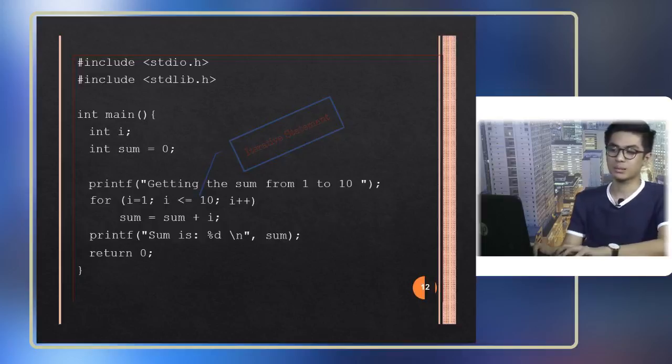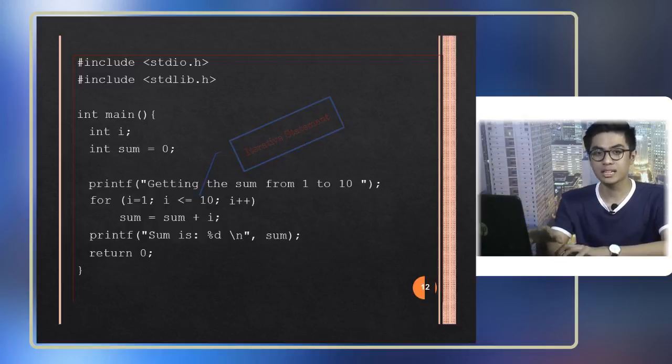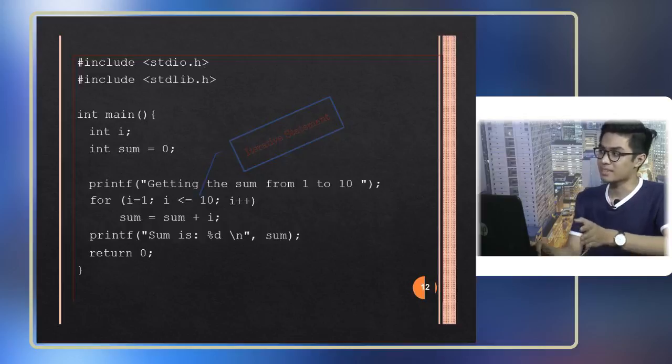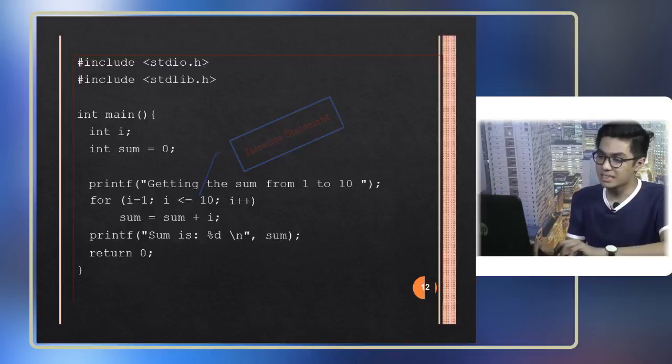Okay, so let me explain what I did here. In the for loop, we have two semicolons which separate three statements. The first statement says i equals 1. This i equals 1 defines the base case, for example, the first value which you would want to iterate over. The next statement after the semicolon is the validation statement.